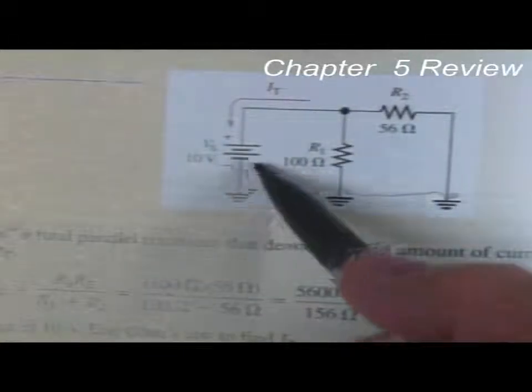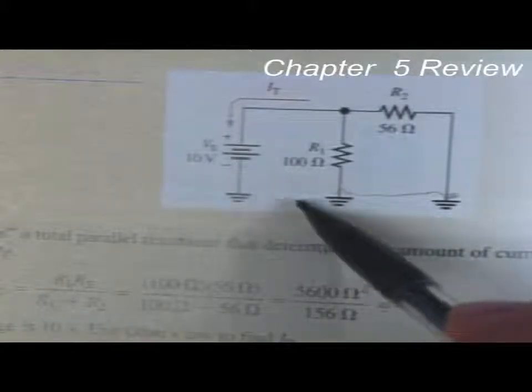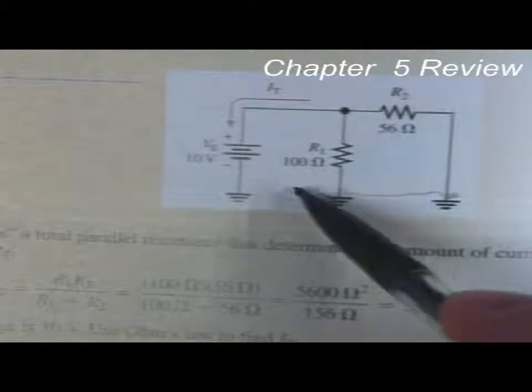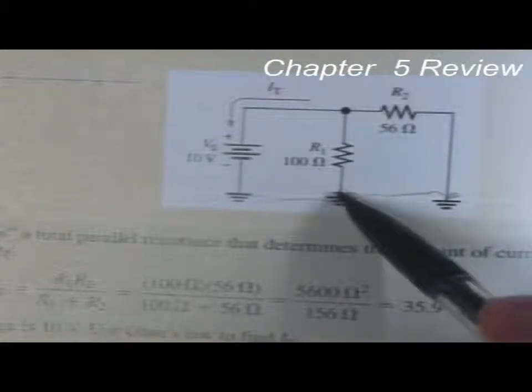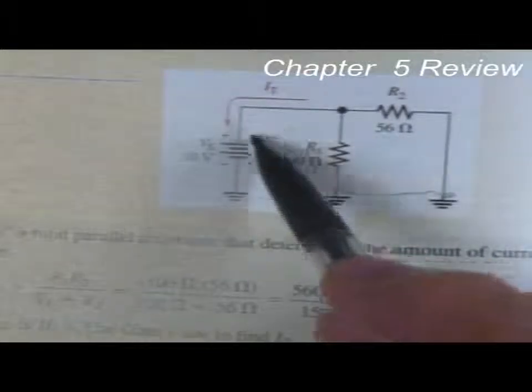Current's going to flow out of the negative side of the battery. It's going to flow through the chassis or the ground. This is going to be a node here, and this is going to be a node. It flows up through the node, through the 100 ohm resistor, and forms a branch.